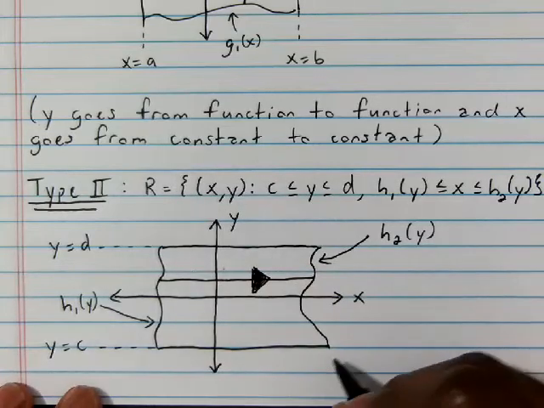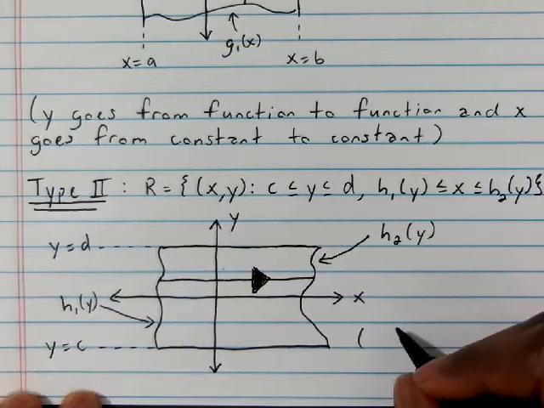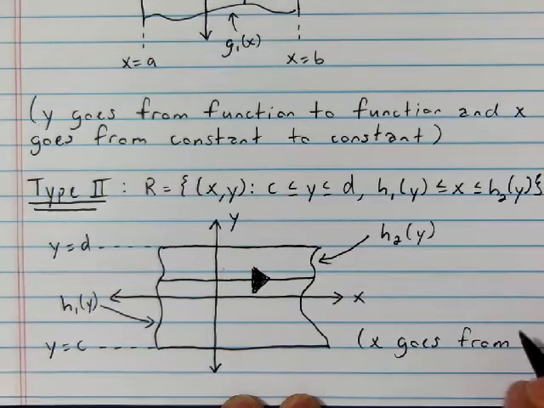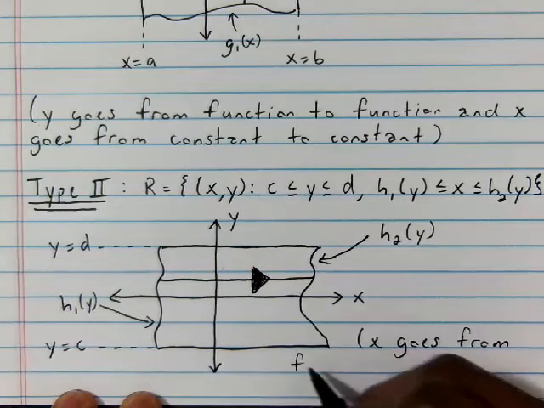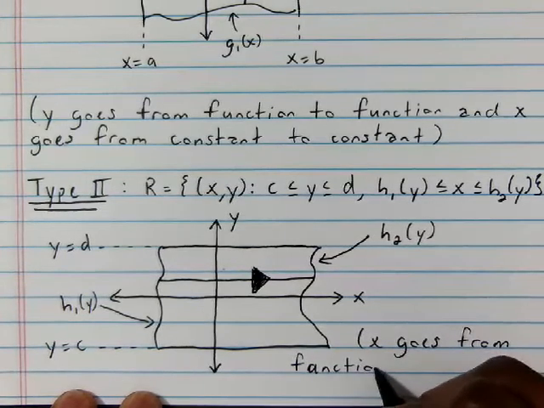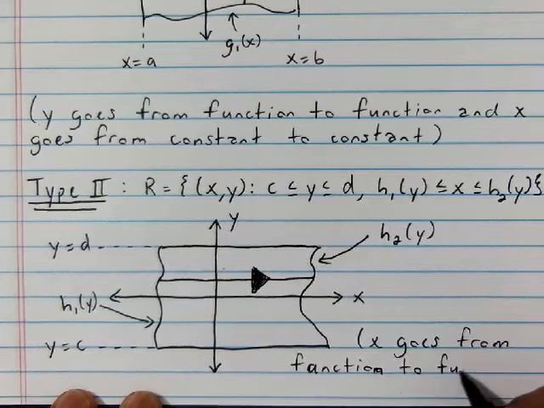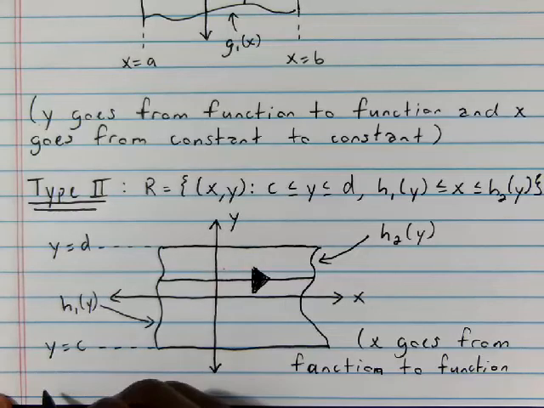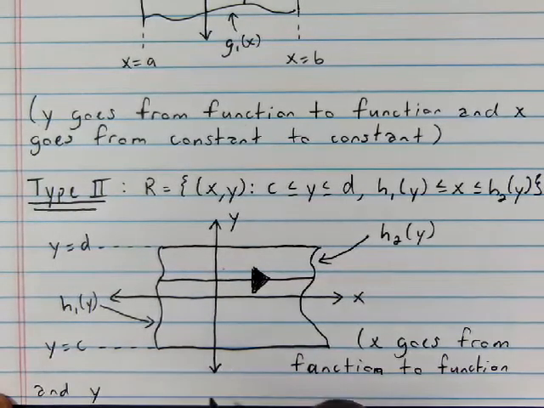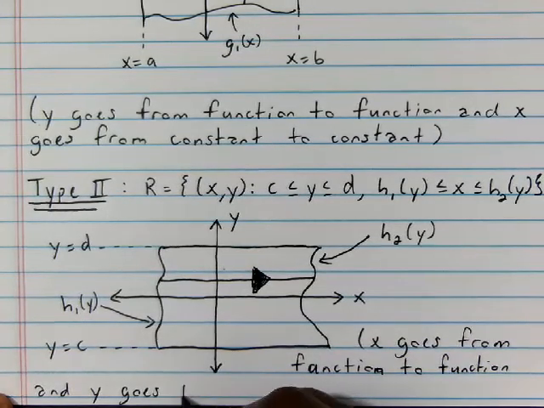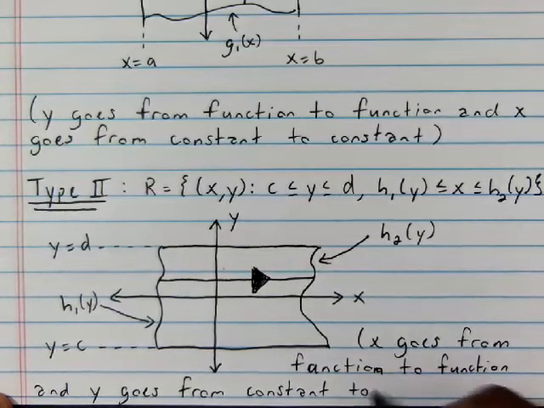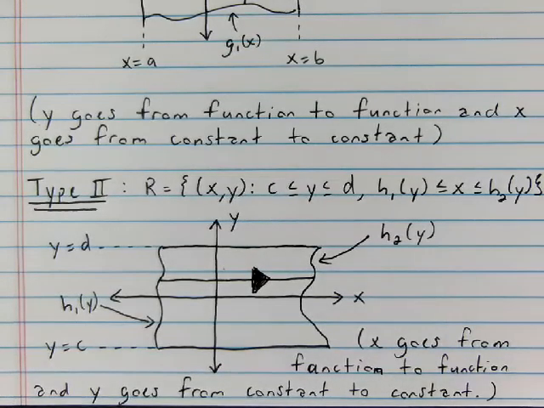So here, x goes from function to function, and y goes from constant to constant. So those are two different types of regions.